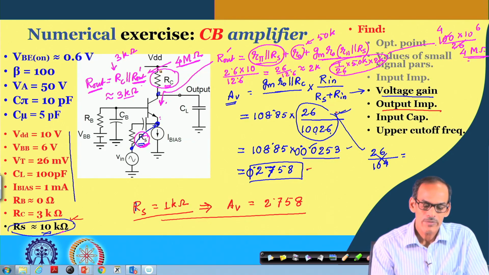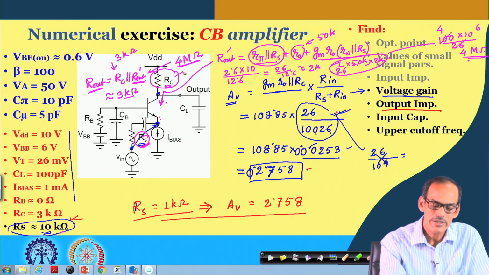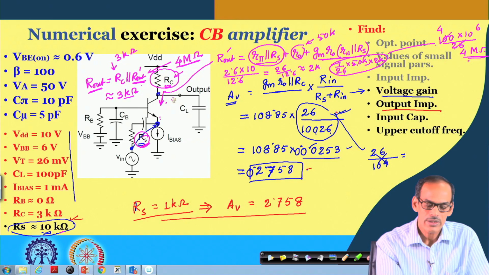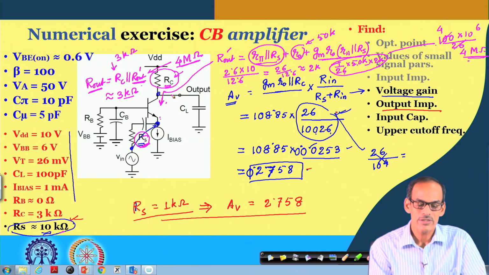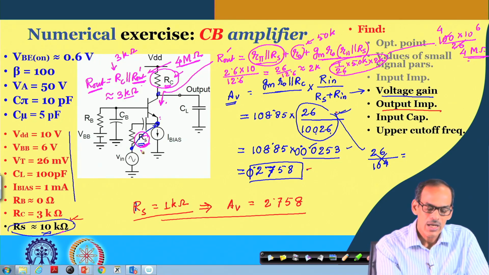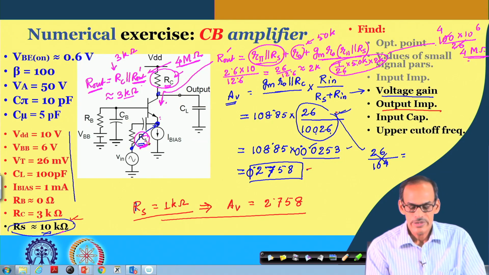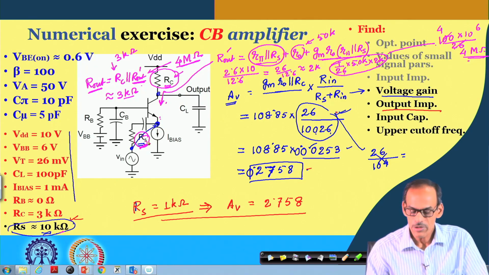In case we have an implementation where this R C is quite large, then only we can see that the output resistance of this entire circuit is highly dependent on this R S. Okay, so this is the other example.